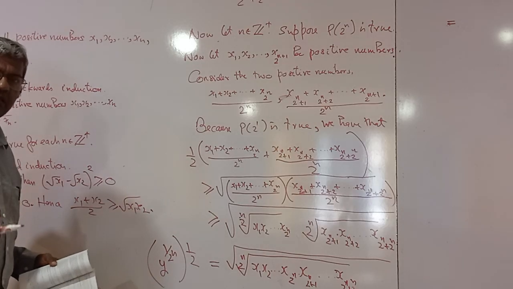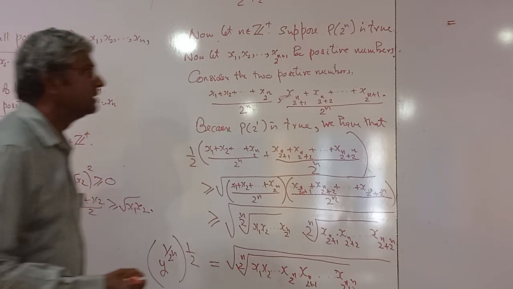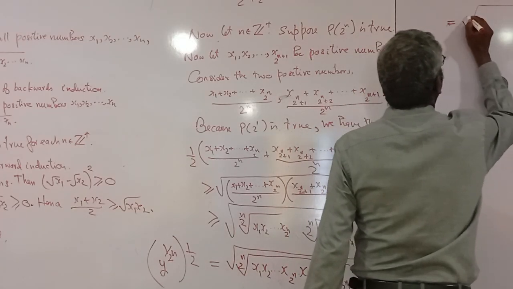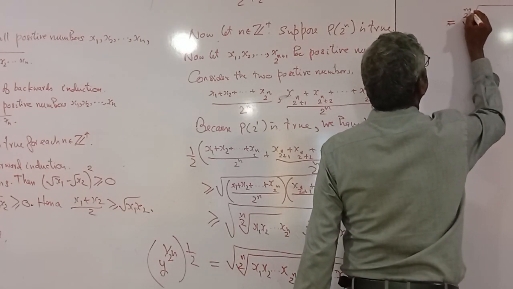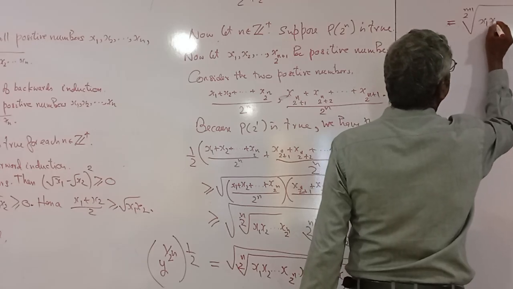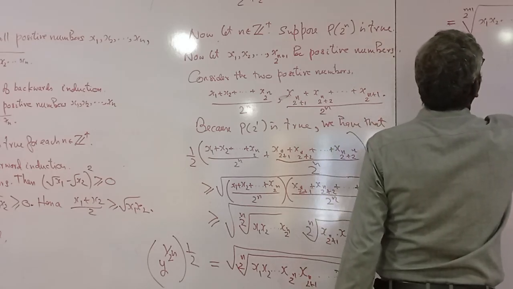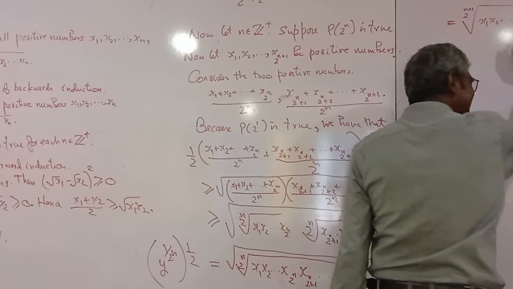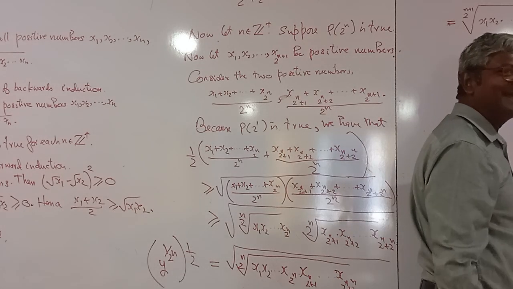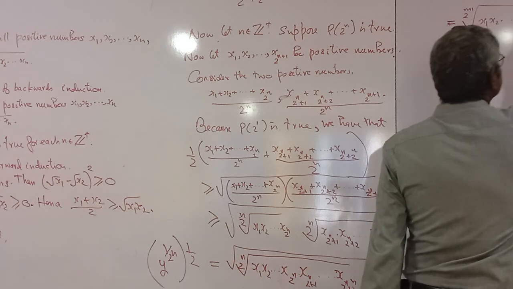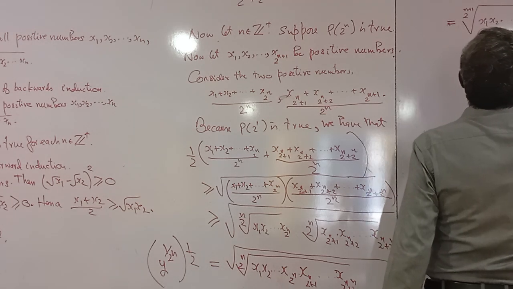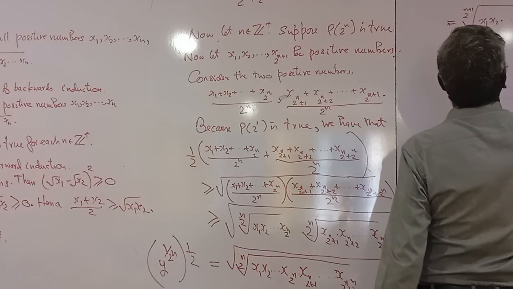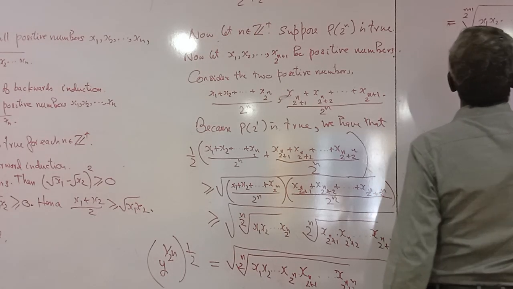Therefore the 2 to the n plus 1 root of x1, x2, all the way up to x subscript 2 to the n plus 2 to the n. So just write it this way to see it better.